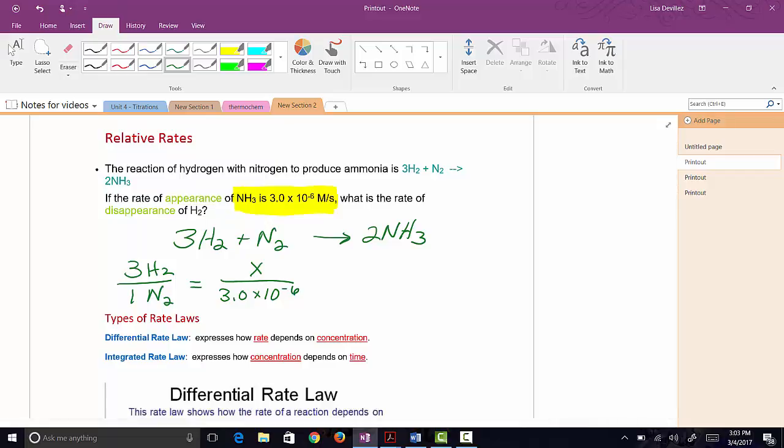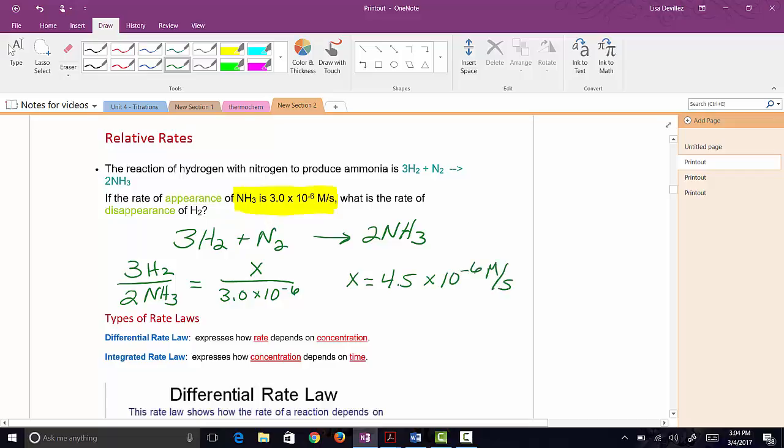and oh, that's ammonia. Hang on there, that's ammonia, not hydrogen. So let's fix that. There we go. All right, so let's try that again. So 2 ammonias, there we go. Now, we have that our x is going to be 4.5 times 10 to the minus 6 molarity per second.